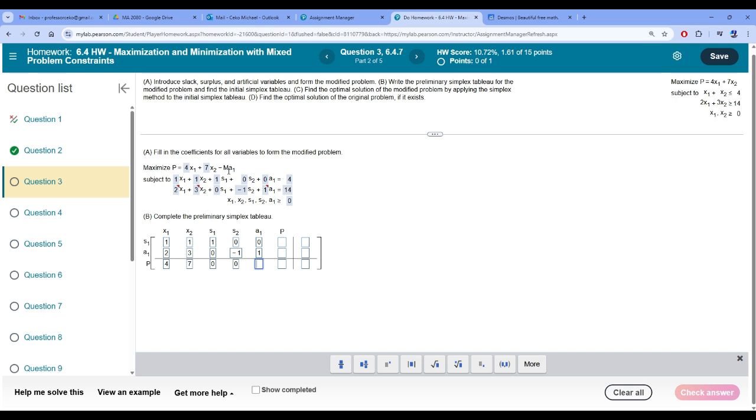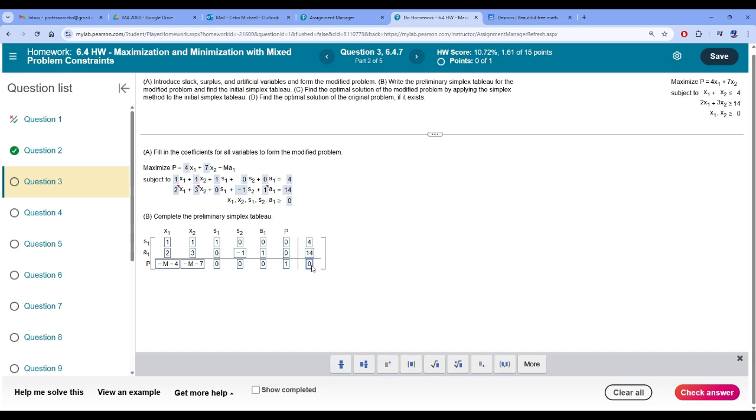This is going to be plus. This is going to be 0. This is going to be -M minus. This one's going to be -M minus. P is 1, and then that equals 0. P is 0, 0, and my solution should be 4, 14. What are the chances that's going to be correct? This one could be -14M.